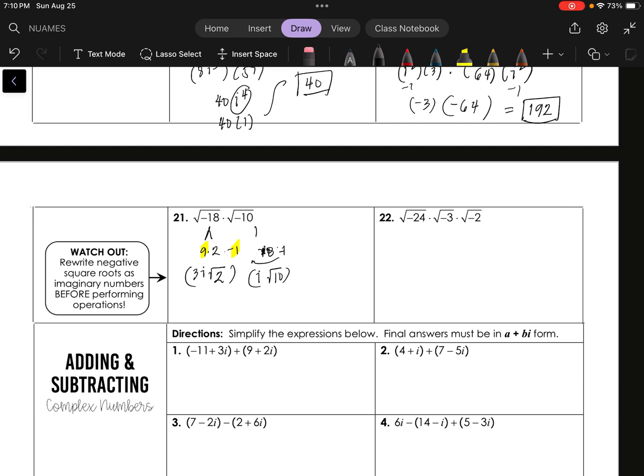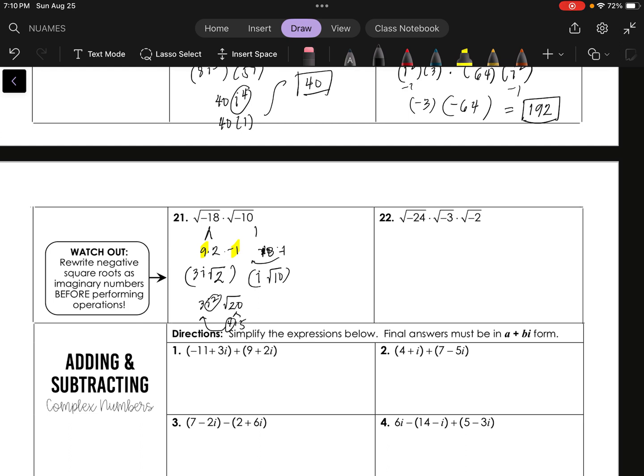So when you multiply that, you end up with 3i times i, you got 3i squared, and this is times square root of 20. You don't stop there because you notice that 20 is just 4 times 5, and 4 is something you could extract outside, which means this is giving you 2 as a numerical, which gives you now a 6 as a product.